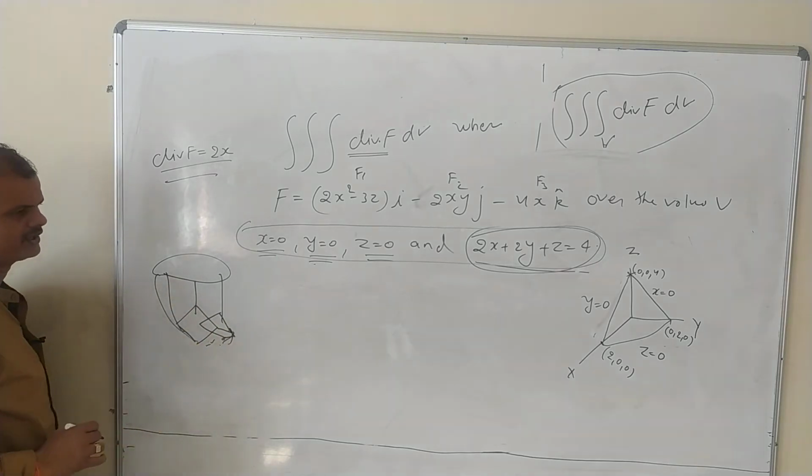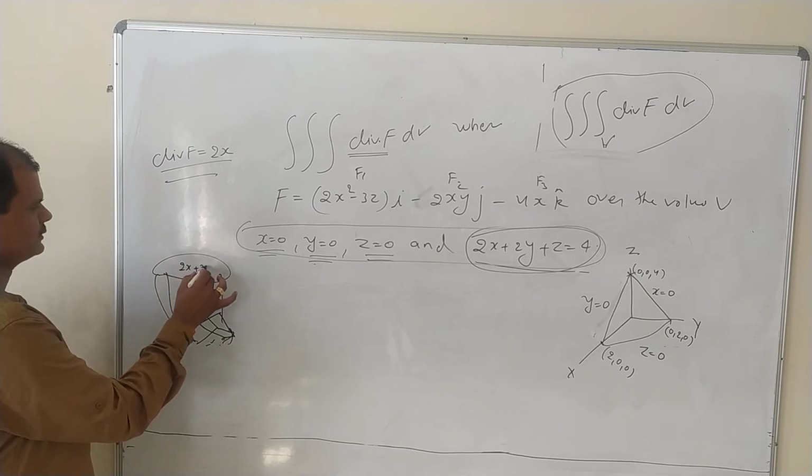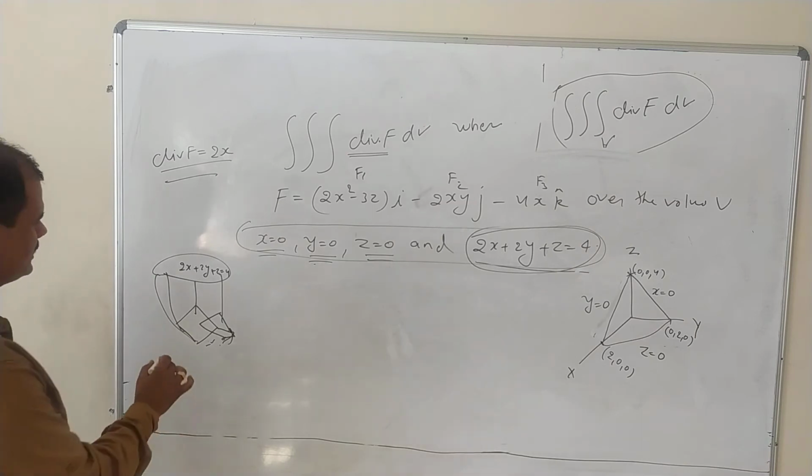So down we have the 3 planes, and on top this surface, 2x plus 2y plus z equal to 4. Fine, so it is something like that.